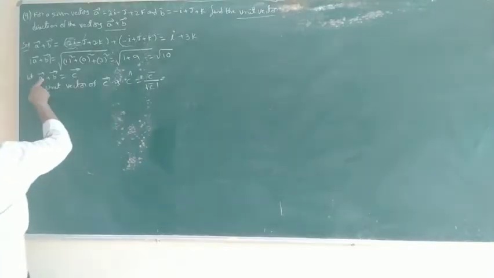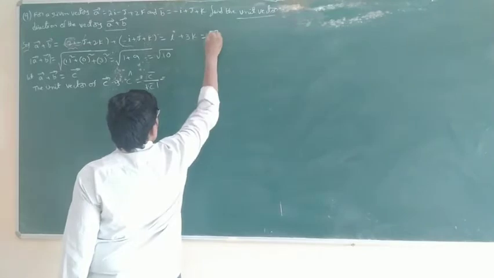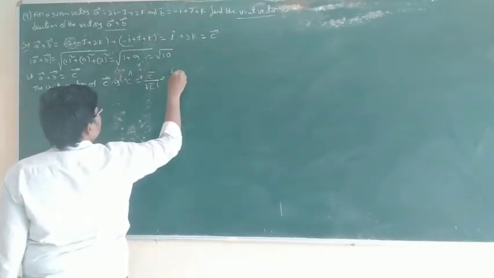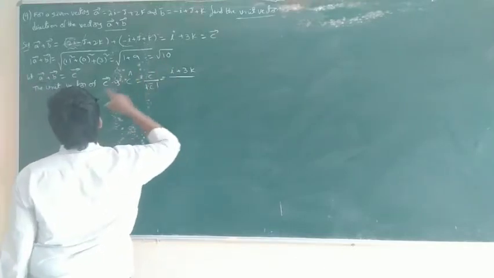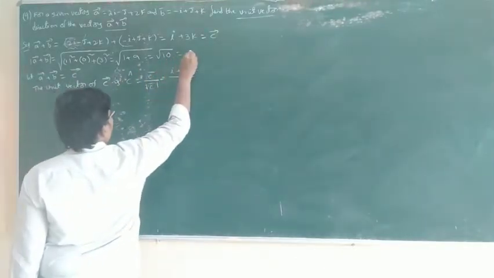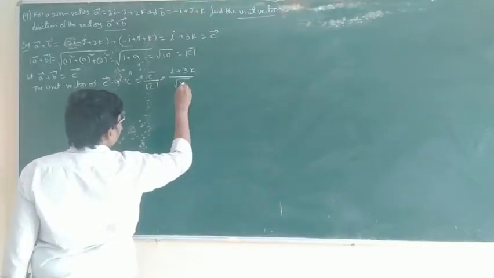What is c bar? a bar plus b bar is equal to c bar, that is i plus 3k. So what is the mod c bar value? Mod c bar is equal to root 10.